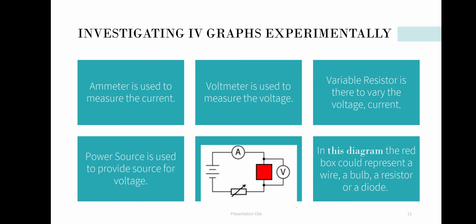If you are asked to draw a diagram where you have to measure the voltage of a certain component, draw a diagram similar to the one shown here, where you place the voltmeter parallel to the component, whereas the ammeter and variable resistor, if needed, go in series. Make sure to draw a power source too. The component can be any one; it can represent a bulb, a diode, anything.